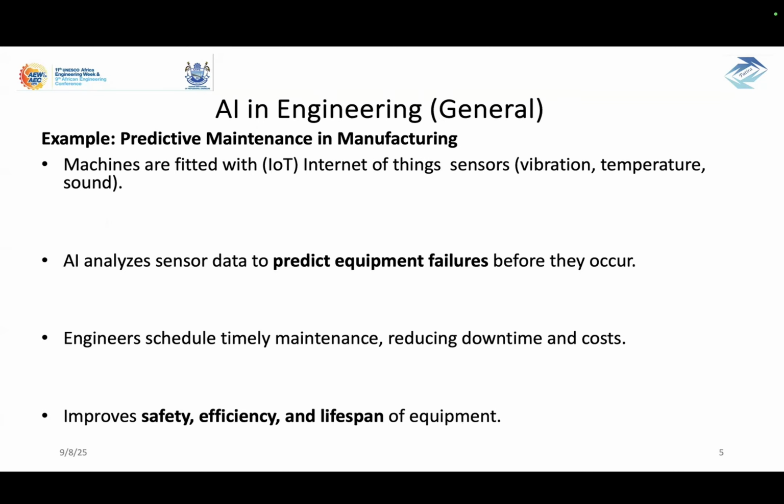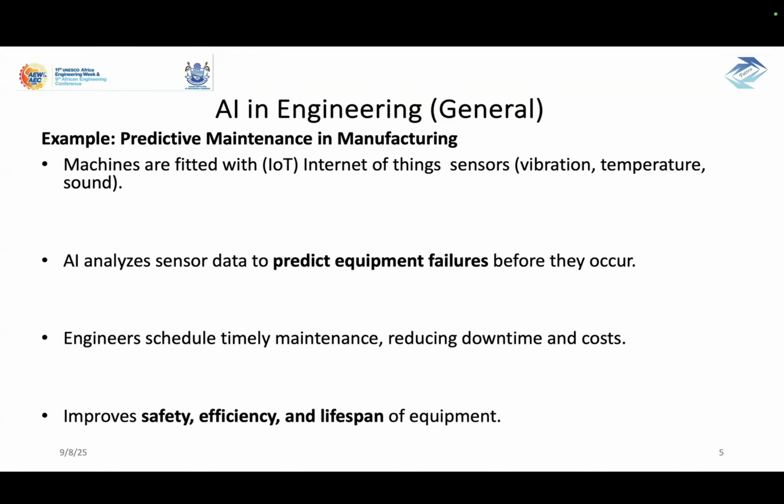AI engineering in general: we're talking about agriculture, but we can also apply AI in engineering. You can work with machines fitted with Internet of Things sensors, measuring vibration, temperature, and sound. So what we are discussing here can also be applied in other fields of engineering. For example, you can analyze data to predict equipment failures before they occur.